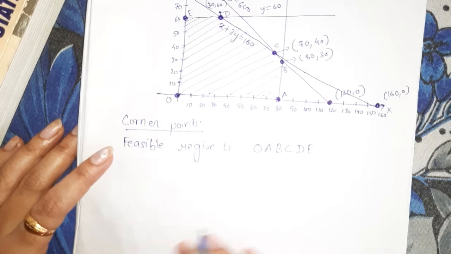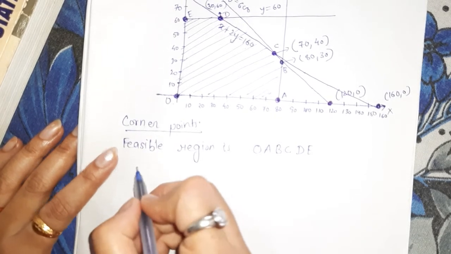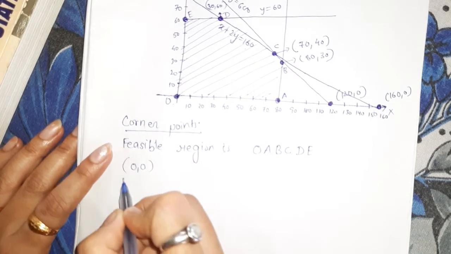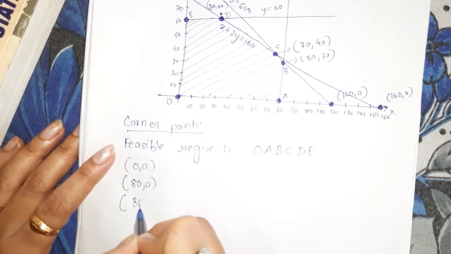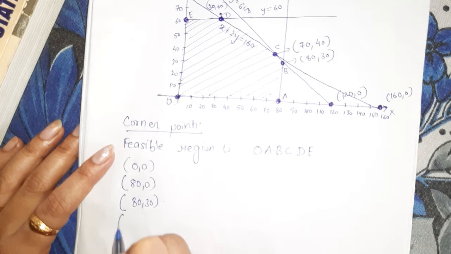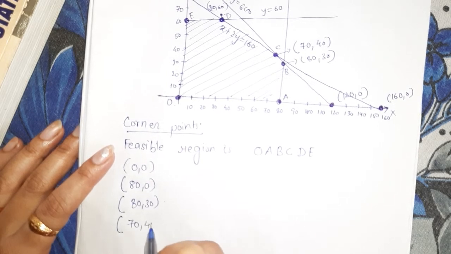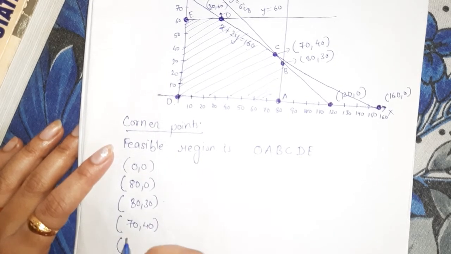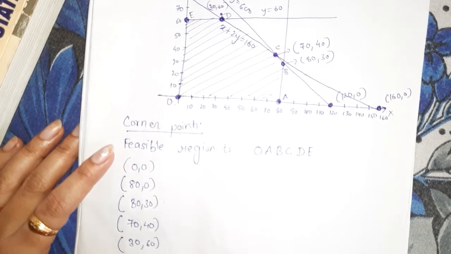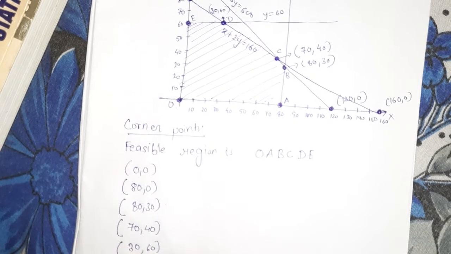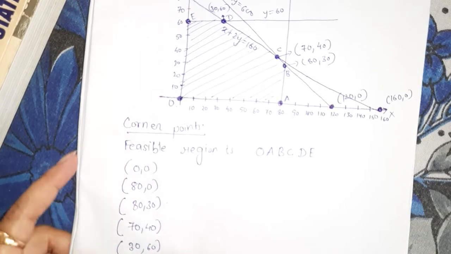And now we find out the value of the objective function at these corner points. First is 0, 0. Next one is 80, 0. Next one is 80, 30. Next 70, 40. Next 30, 60. Next 0, 60. These are the corner points.